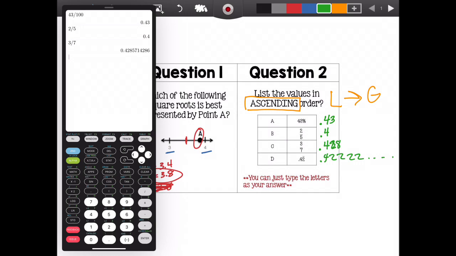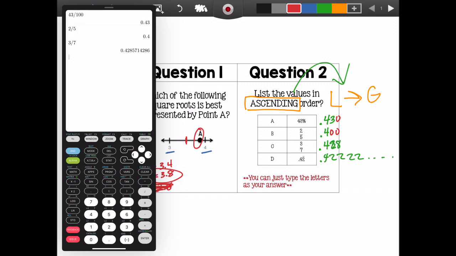All right, now we have our numbers in decimal form. Now we can actually order them correctly. Reminder, ascending we said is least to greatest. So I'm going to start with my smallest number first. Since these don't all go to the same place value, you can plug in zeros here to make it a little easier to see.